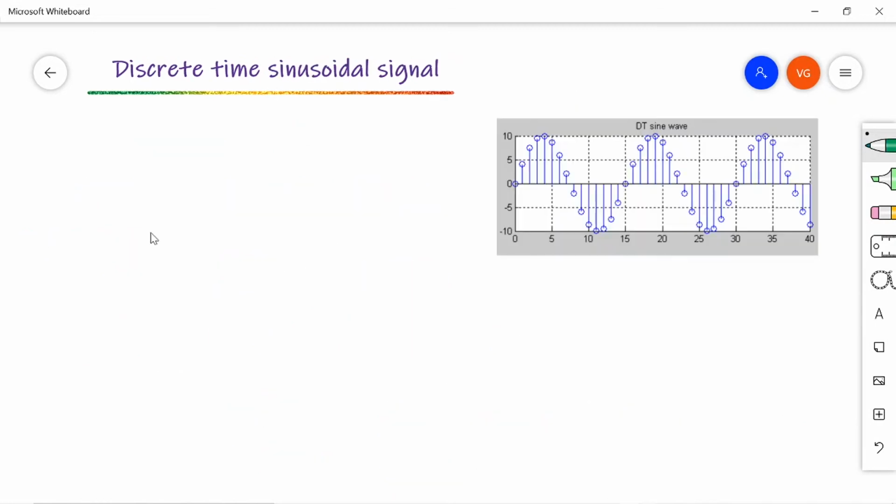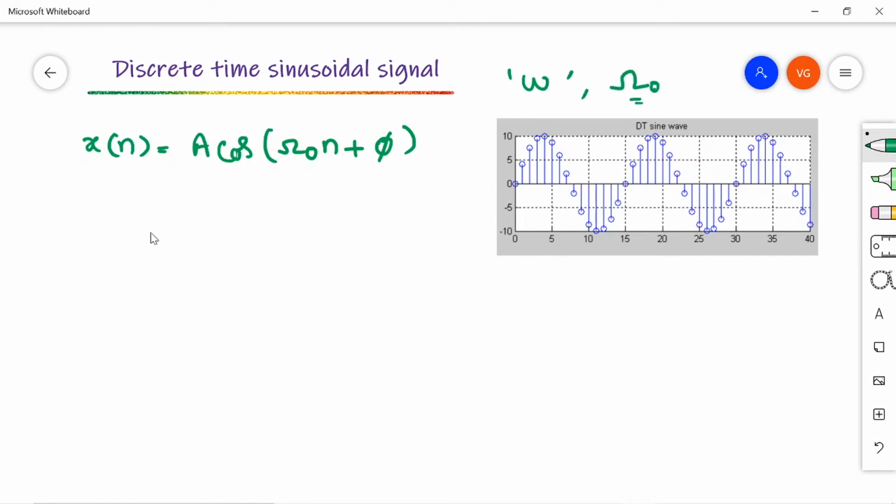The next signal is the discrete time sinusoidal signal. The discrete time version of a sinusoidal signal is defined as x of n equal to a cos of omega naught n plus phi. In a continuous time signal, omega is represented like this, w. Here the symbol is like this, omega or omega naught.